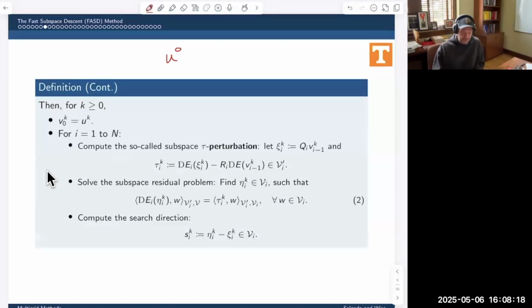But now once we have our kth step done, we're going to try to update to the k plus first. And the way that we do that is we first set V0k to be Uk, and then we're going to cycle through these subspaces.